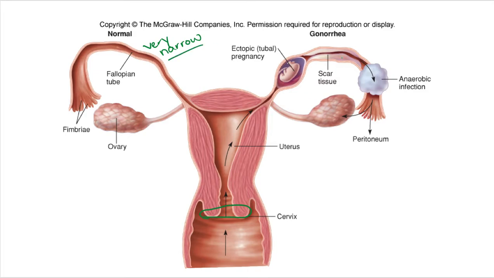If the scar tissue builds up, oxygen might have a hard time reaching some of the tissues. Infections can become anaerobic, or a fertilized embryo might not be able to reach the uterus. So if it gets blocked up, that's what's called a tubal or an ectopic pregnancy. So a lot of complications with pelvic inflammatory disease caused by a chlamydia infection.